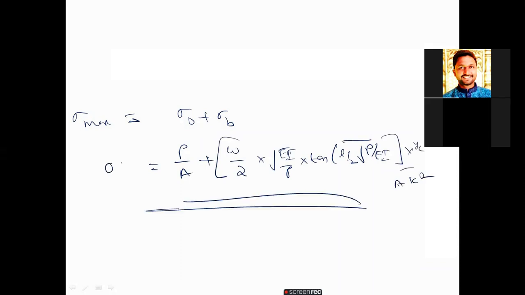So this is the sigma max value. This derivation is for a strut subjected to a compressive axial load, or axial thrust, and a transverse point load at the center.